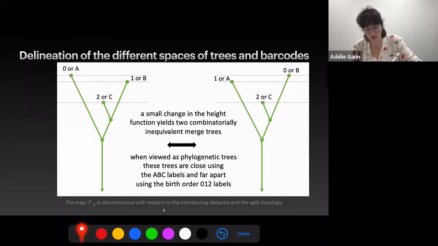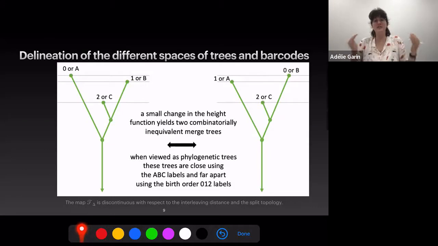So this one becomes lower and this one here becomes higher. And this is discontinuous. So as combinatorial merge trees, these two are not equivalent. But in the phylogenetic tree space, they're really not far apart. So that's why everything is so different between phylogenetic trees and merge trees.